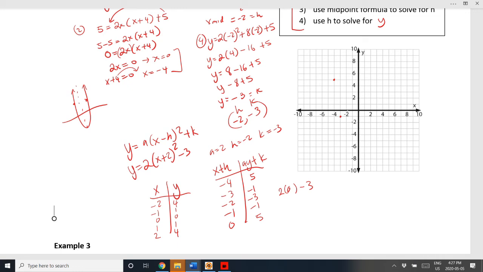When x is equal to negative 2, y is equal to negative 3. That's our vertex. Then when x is equal to negative 1, y is also equal to negative 1. And finally, when x is equal to 0, y is equal to 5. And there we have our new plotted graph.